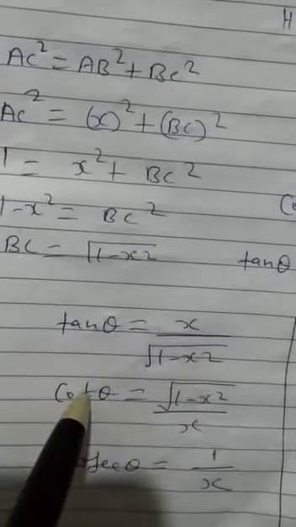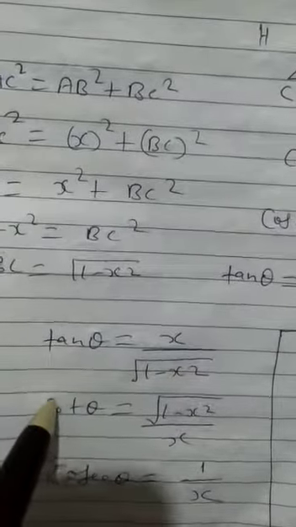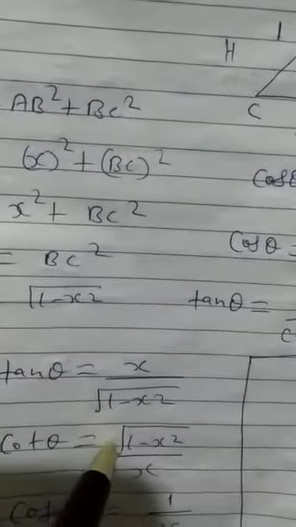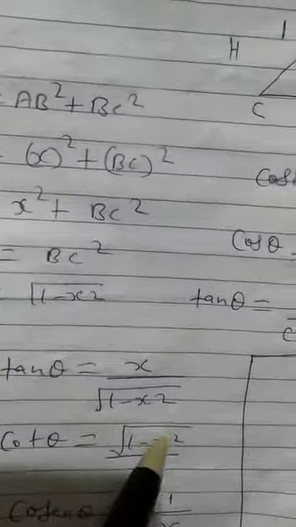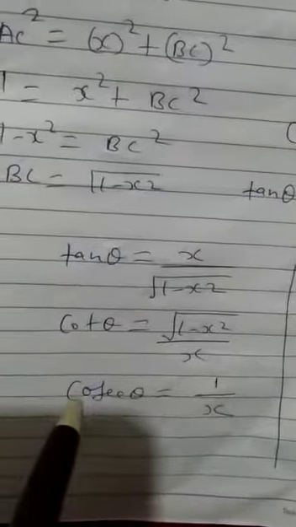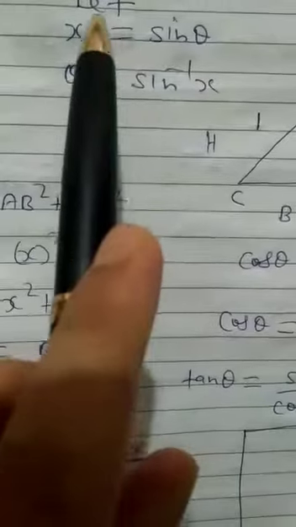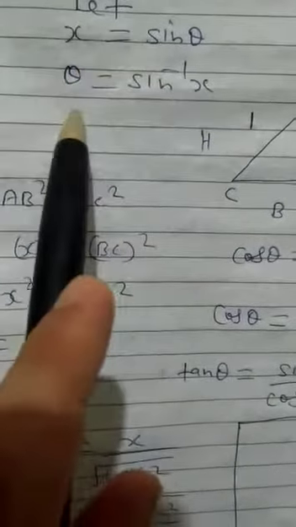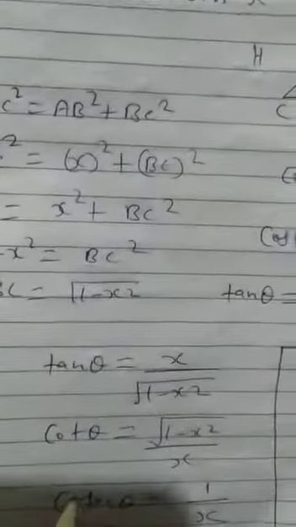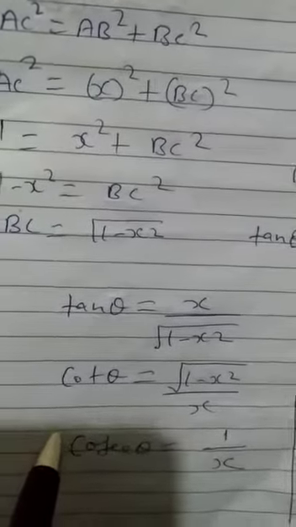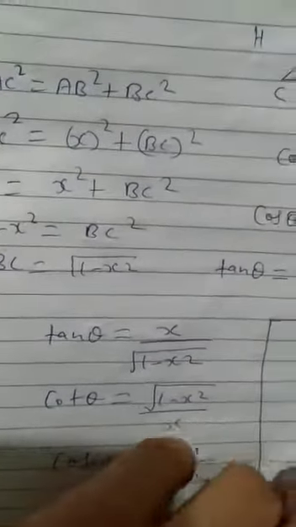Similarly, cot theta is the reverse of tan theta, so cot theta is equal to root 1 minus x square upon x. And cosec theta is the reverse of sin theta, so cosec theta is equal to 1 upon x.